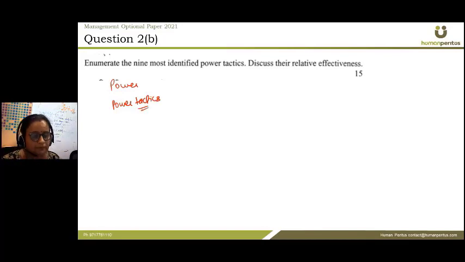So what is power tactics? Power tactics are the ways in which individuals translate power bases into specific actions. Okay, so he uses that power of himself or herself to influence the behavior of the other person.